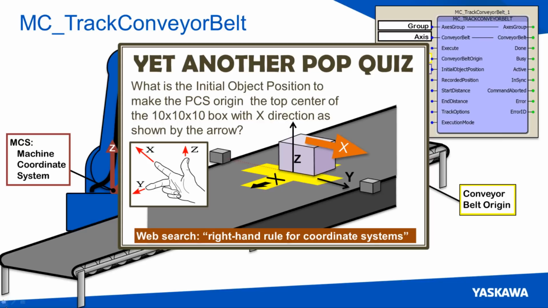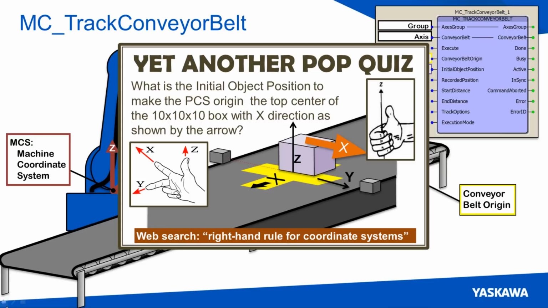So here are the directions of y and z that we just figured out. Now we need to know the other right-hand rule, which is that if your thumb is pointing in the positive direction of an axis, your fingers will curl in the positive direction of rotation around that axis.